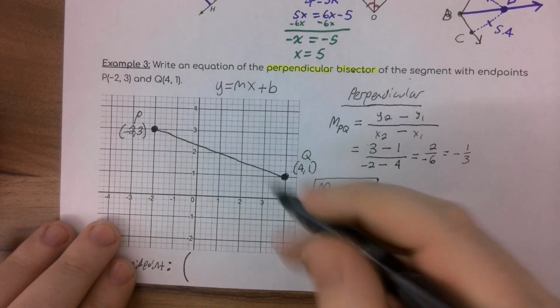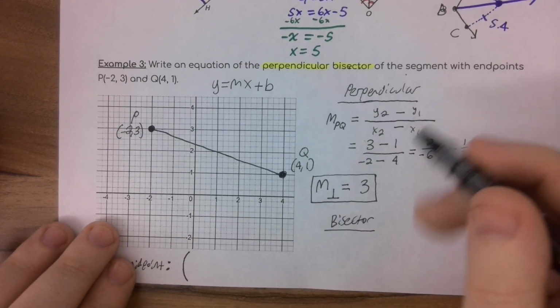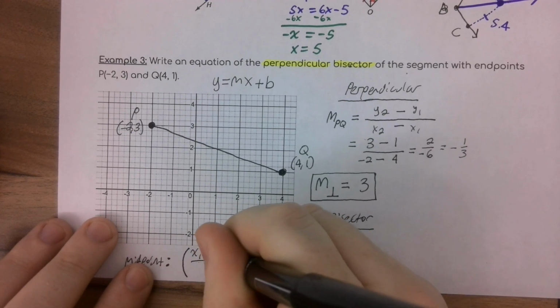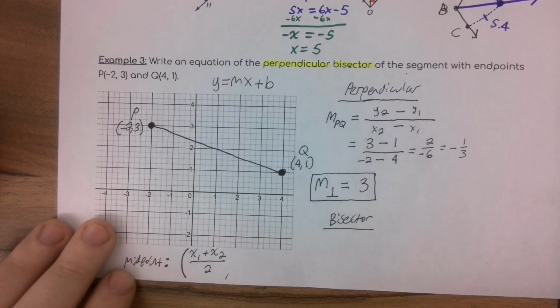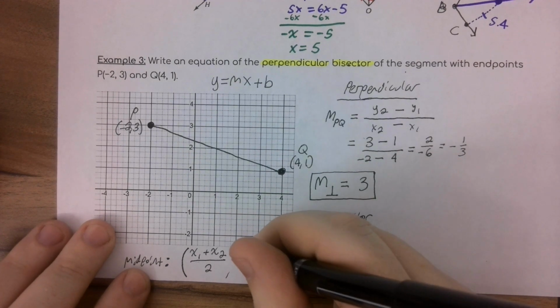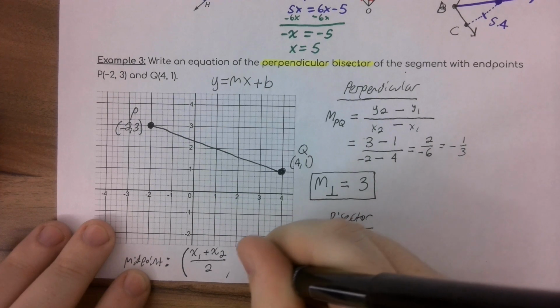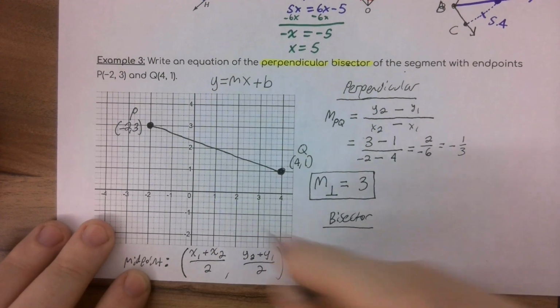To find the average, you just add them up and divide by 2. So we're going to take both of our x values of these points, add them and divide by 2. We're going to take both of the y values of these points, add them up and divide by 2, and we will get the midpoint.